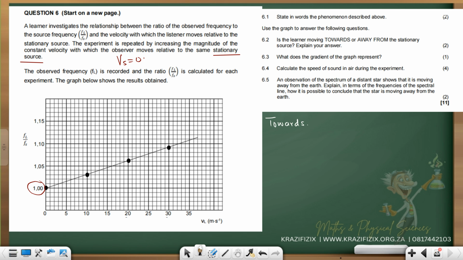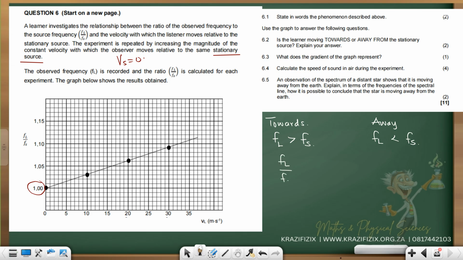I want to quickly show you why towards. If it is towards, the frequency of the listener should be greater than the frequency of the source. Watch this, it's very mathematical. If it is away, the frequency of the listener should be lesser than the frequency of the source. Now, look at the graph.